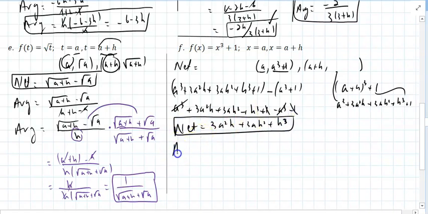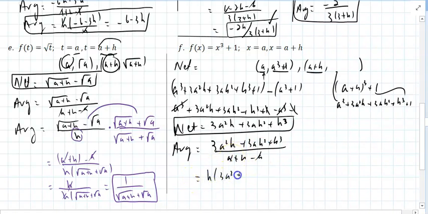And now if I say, what's the average rate of change? You'll say y2 minus y1, over x2 minus x1. Instead of doing the busy work, I already have it. It's right there. Those cancel out. I'll factor an h out of the top because I am aware that the h's will cancel out every time.